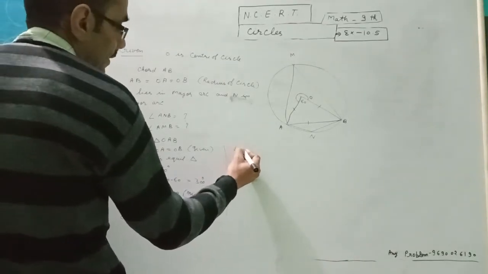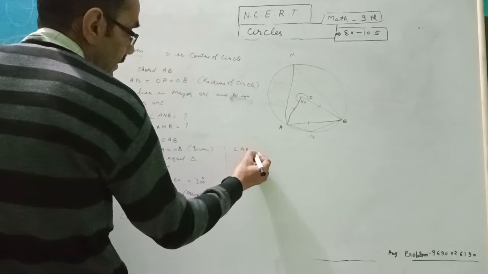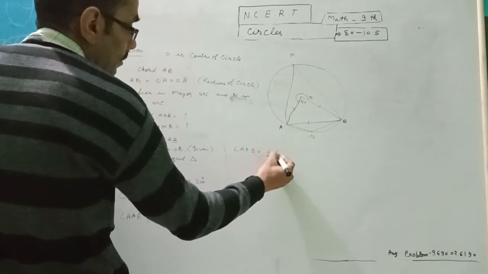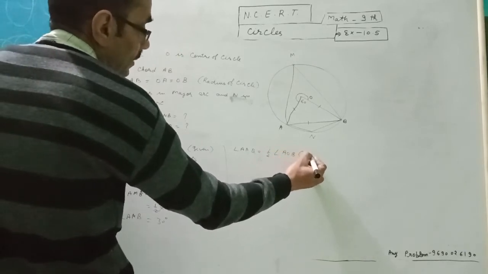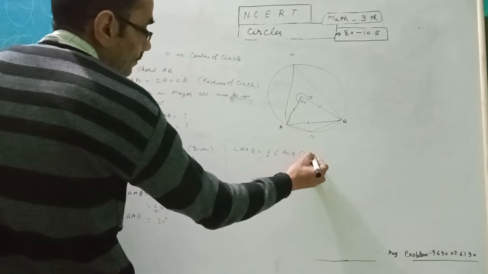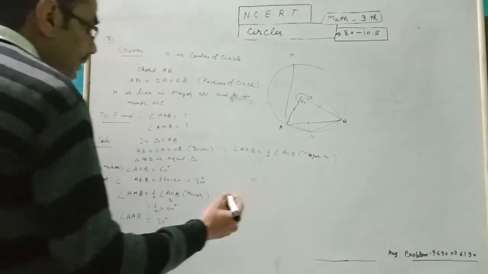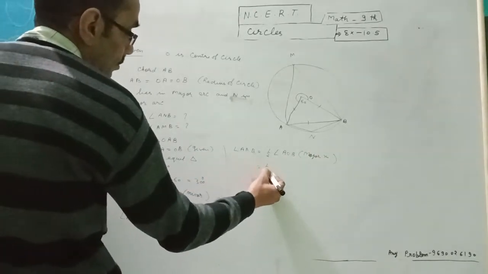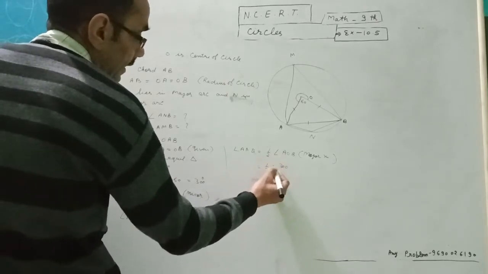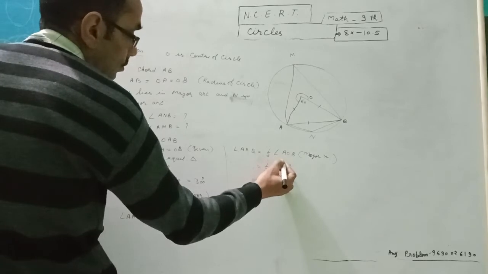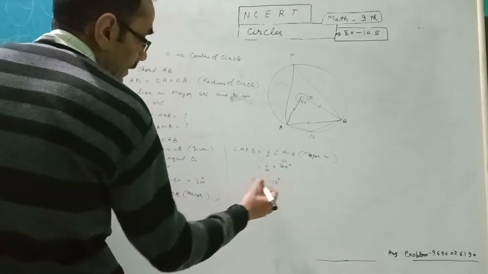And angle ANB is equal to 1/2 angle AOB. Measurement is 1/2 measure of angle AOB, 300 degrees divided by 2, 150 degrees.